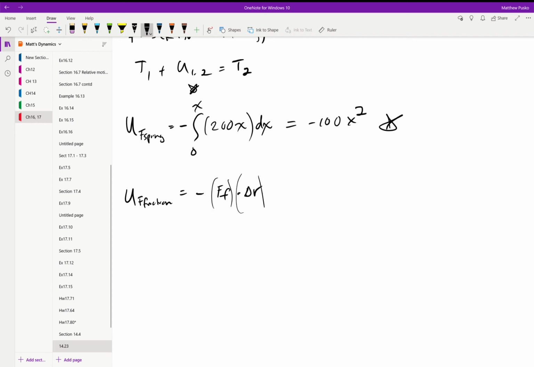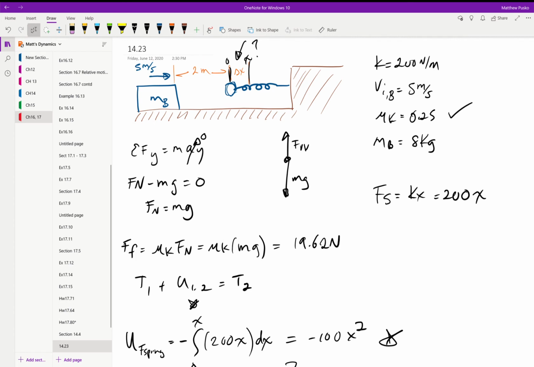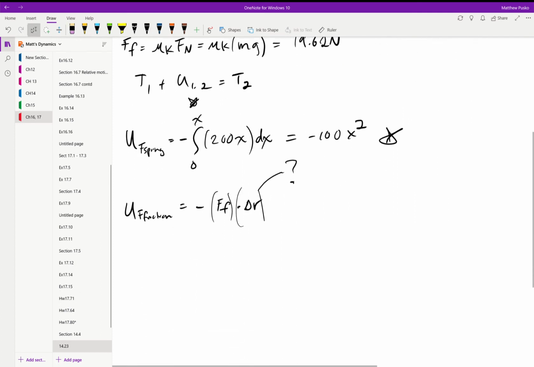Now, what is the displacement? Let's look at this picture again. It's starting here and it's ending here, so we have to include this x along with the 2 meters. So our delta R in this case is equal to 2 plus x.